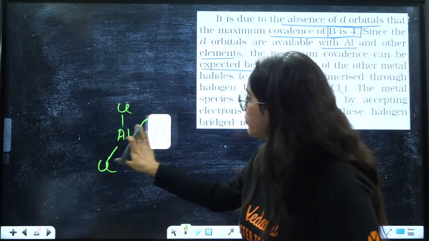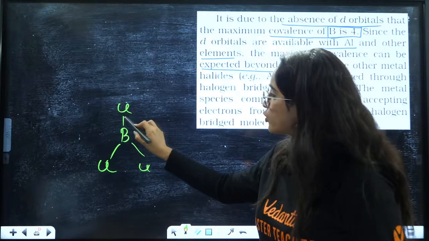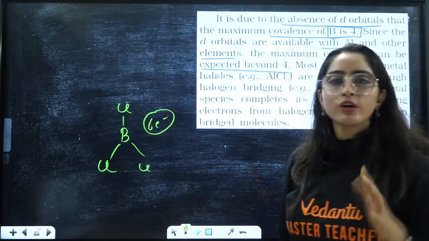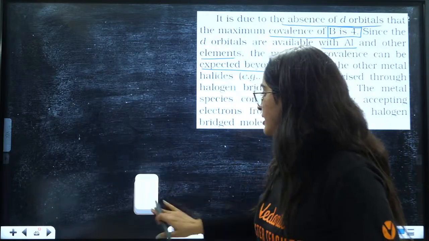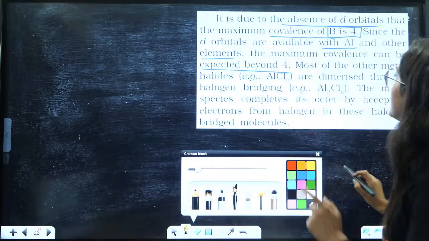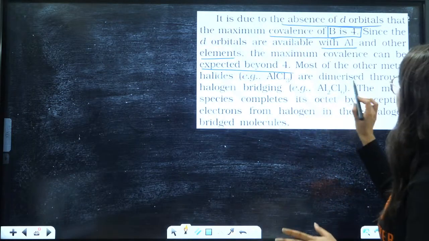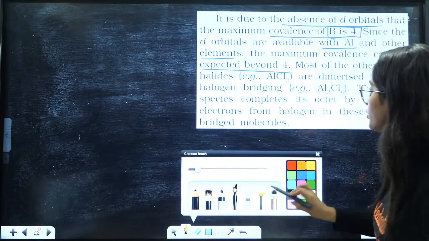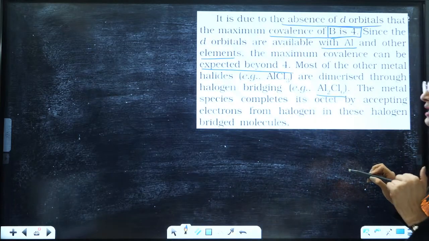But if you talk about boron here, to complete the octet it will not dimerize. It will behave as a Lewis acid here. This is what they are asking. Most of the other elements form dimers through halogen bridging, for example Al2Cl6.